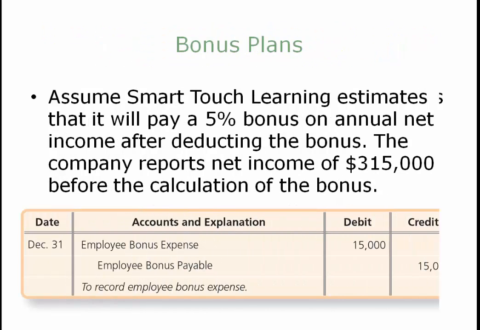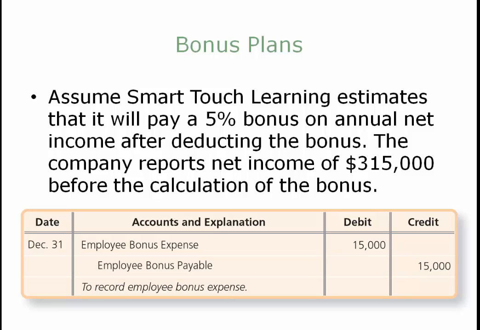So let's talk just a little bit about a couple of these. The first one, it says that assume Smart Touch Learning estimates it will pay 5% of a bonus on annual net income. So they're paying bonus on net income, and they said their net income was $315,000, and they actually did the math, and the math is wrong on here because it should be 300,000 times 5% would give you 15,000, not 315.